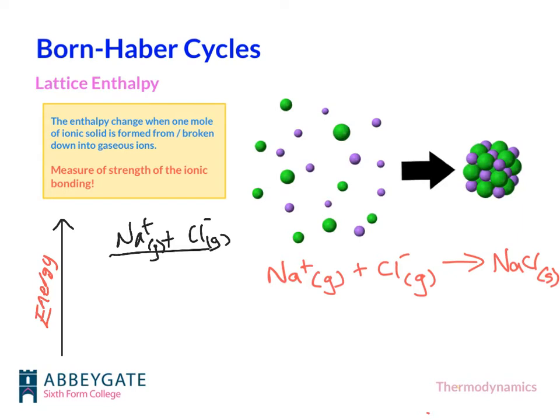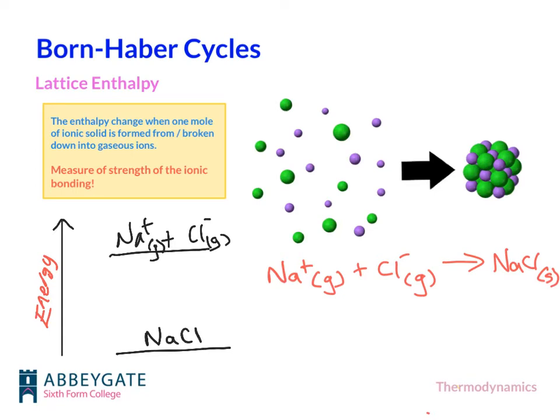And it would make sense that our ionic solid, sodium chloride, that sits in the salt cellar in the kitchen and that you sprinkle on your dinner, is a fairly low energy form. It's very stable. So this is going to be much lower in energy than our sodium ions and our chloride ions.